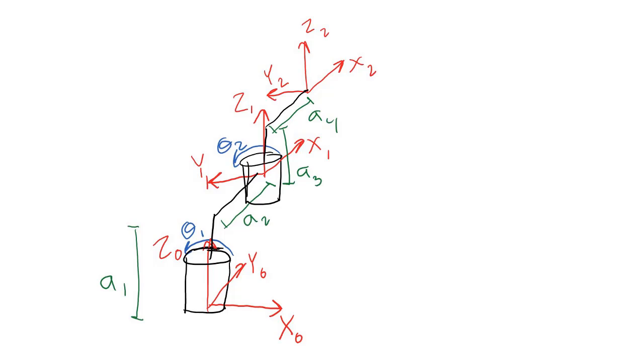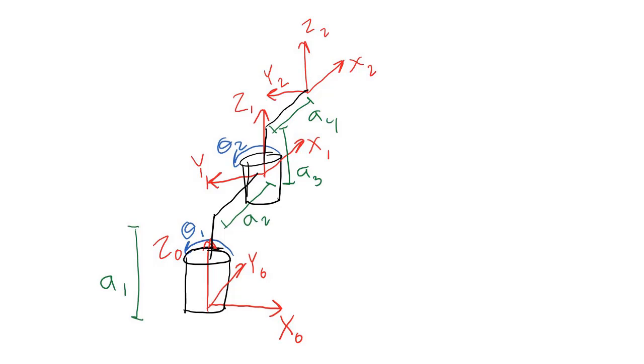As the first joint moves, frame 1 rotates around the z-axis. In other words, the z-axis stays the same as this rotation occurs. It's only the x and y axes that change.